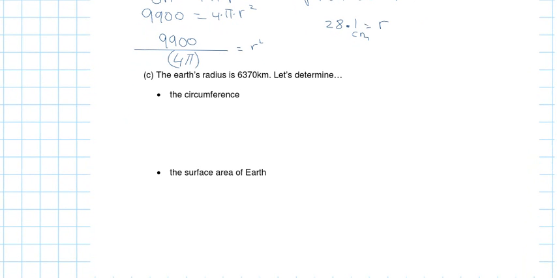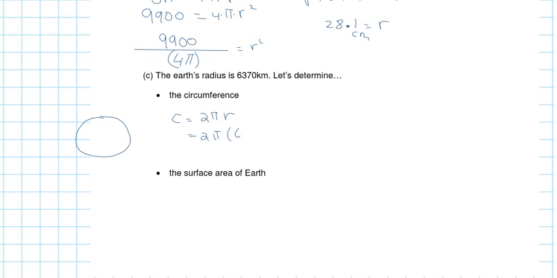So the circumference here is going to be 2 pi r, and remember that's if we're drawing a circle in the middle of the Earth. So that's going to be 2 pi times 6370.